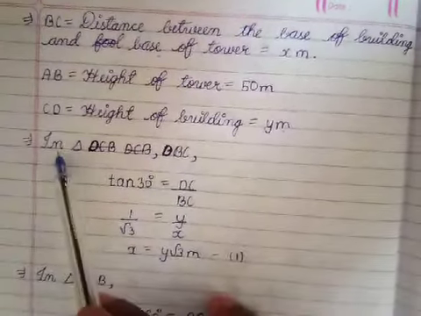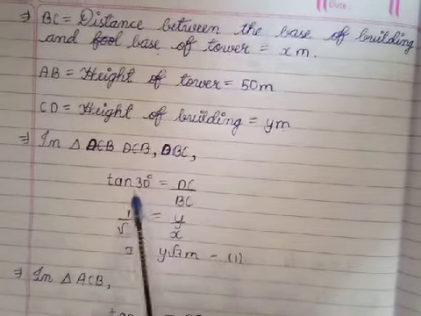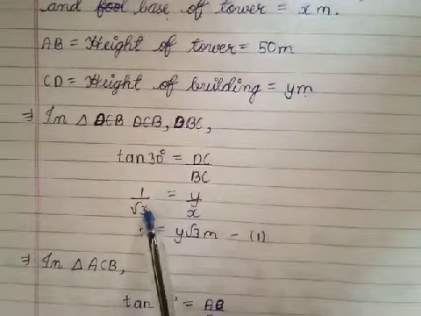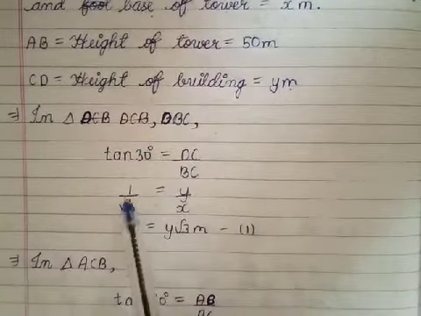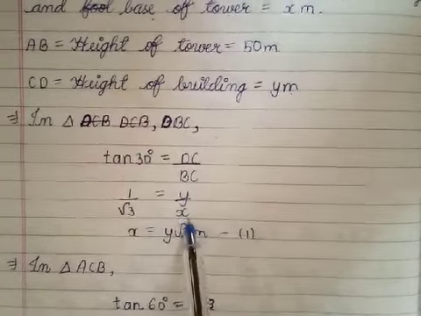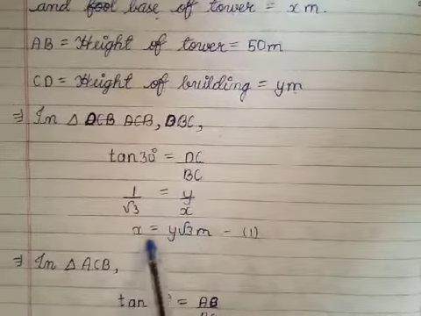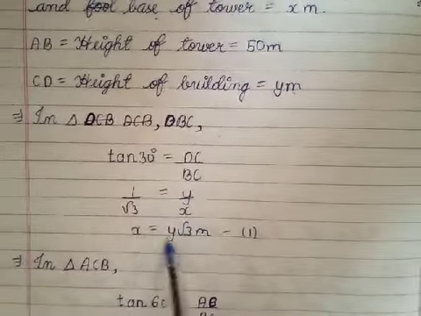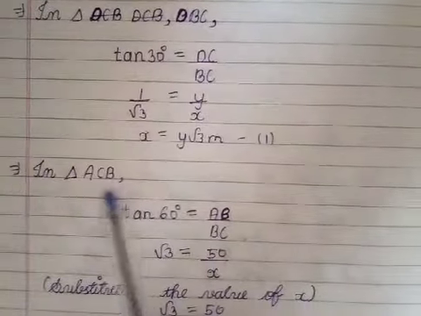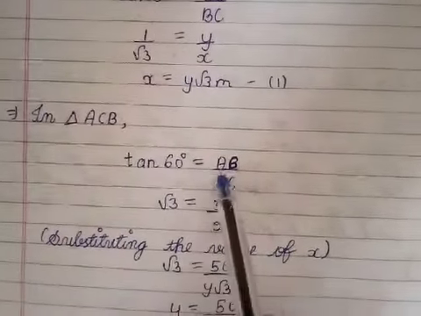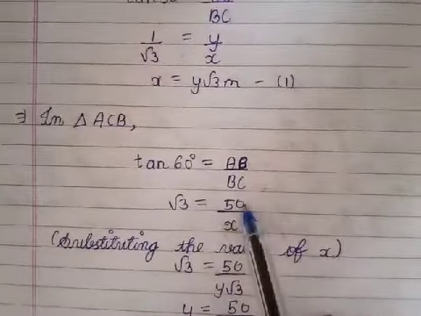Okay. So in triangle DBC, tan 30 is 1 by root 3, DC upon BC. So 1 by root 3 is y upon x. If you cross multiply, x will be equal to y root 3 meter. This is first. In triangle ACB, tan 60 is equal to AB upon BC, which is root 3 equals 50 upon x.